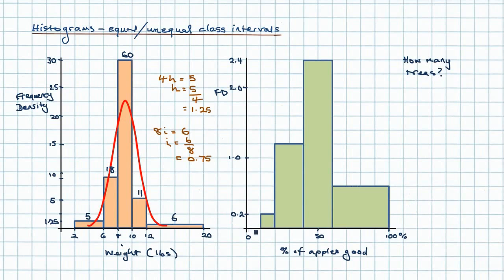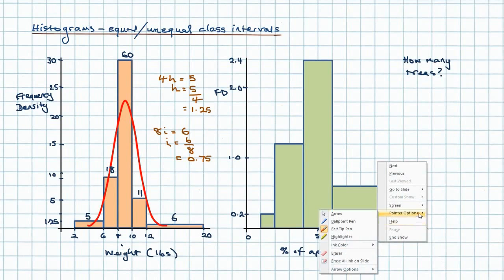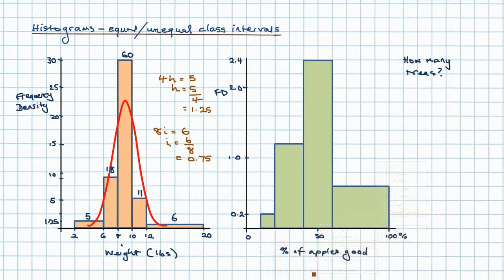Okay, so that's our problem. To get that, we need to calculate the frequency in each of these class intervals. So the first frequency we can calculate by multiplying the width times the height. So again, let's use a different colour for our calculations.